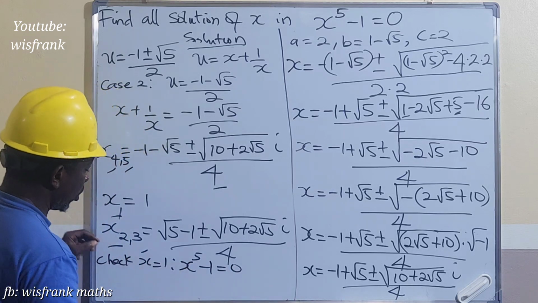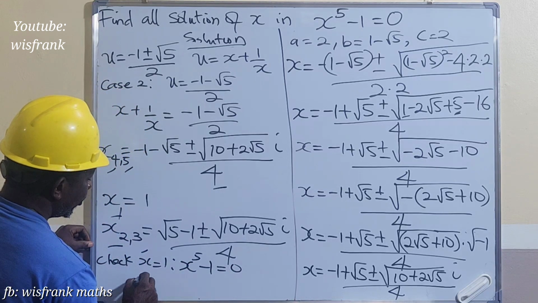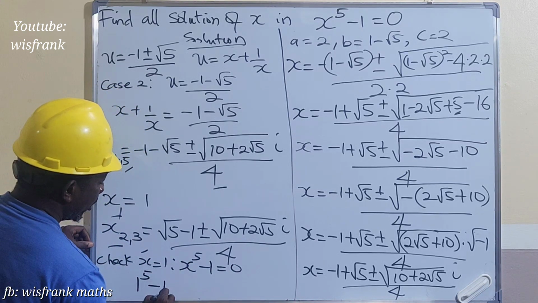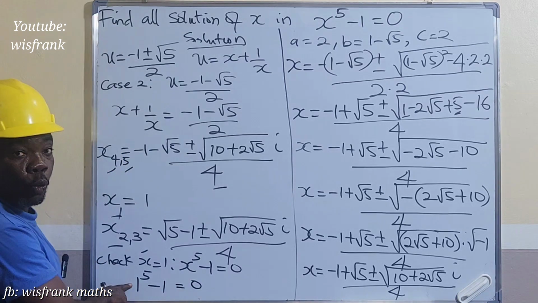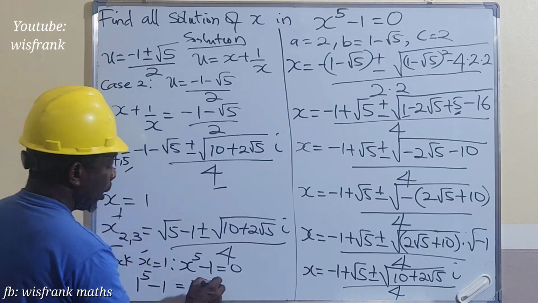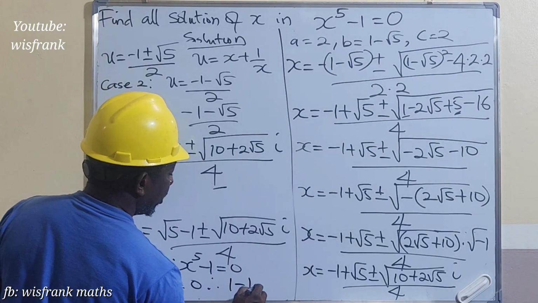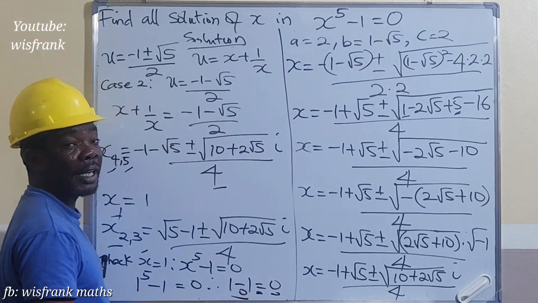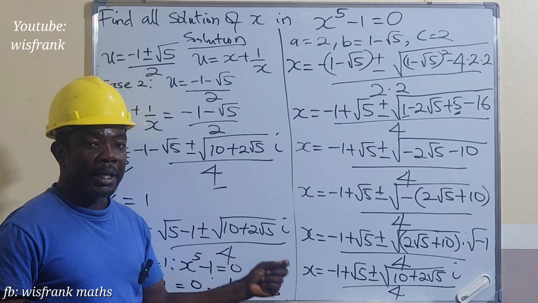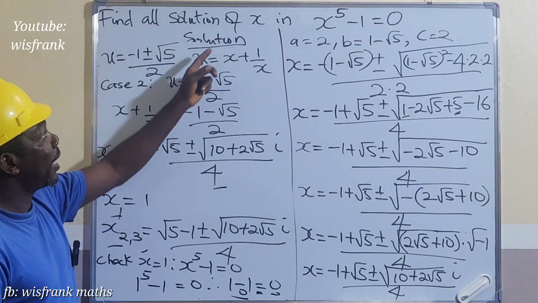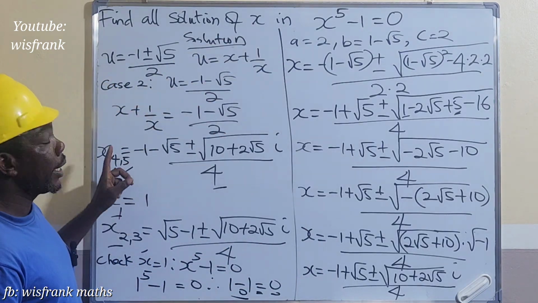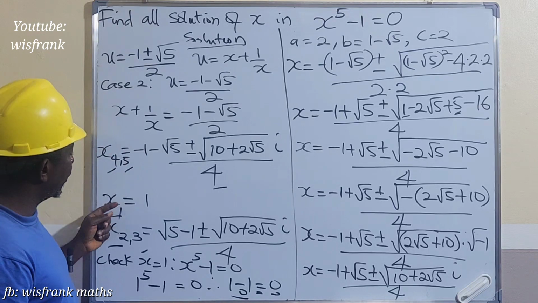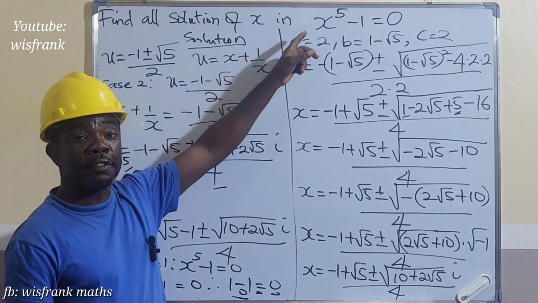When x equals 1, we have 1 raised to the power of 5 minus 1, which gives us 0. 1 to the power of 5 is 1. Therefore, we have 1 minus 1 equals 0. So 0 equals 0. What we have on the left-hand side is what we have on the right-hand side. Therefore, x equals 1 satisfies this equation. And so doing, x2, x3, x4, and x5 will also satisfy the equation.